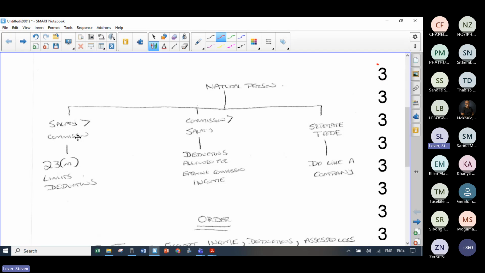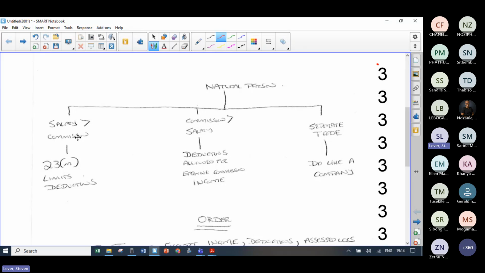It says you can get wear and tear. It says you can get bad debts if your boss doesn't pay you. You can get doubtful debts if you're not sure if your boss is going to pay you. You can get 11C legal expenses if you want to sue your boss. And then if you refund your salary or you refund your restraint of trade, you can take it off as well. That's what 23M allows you to take off.